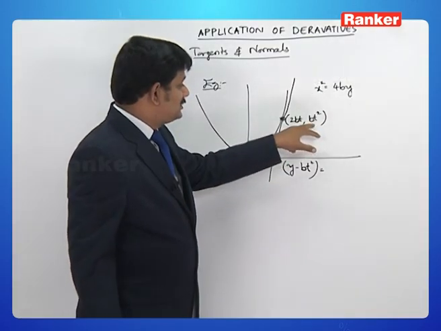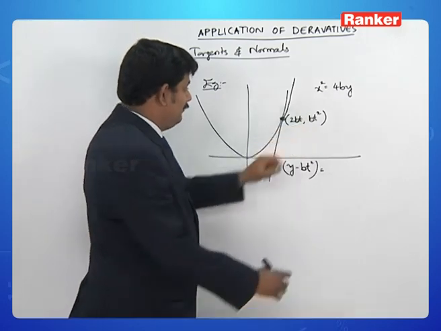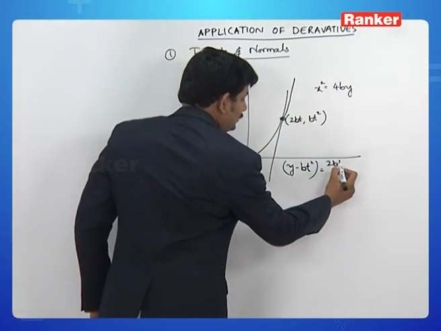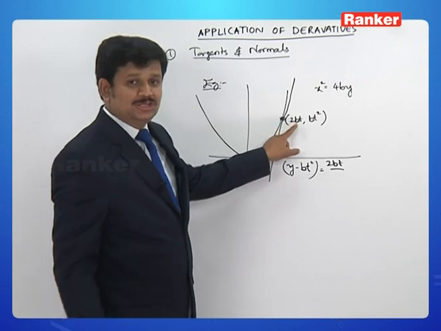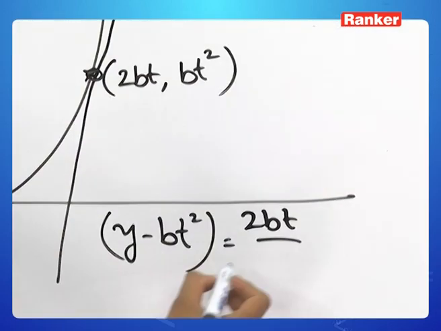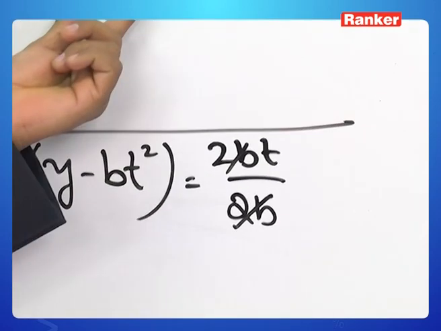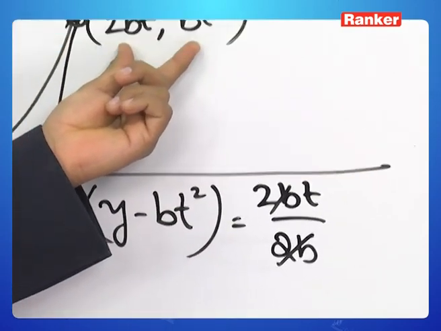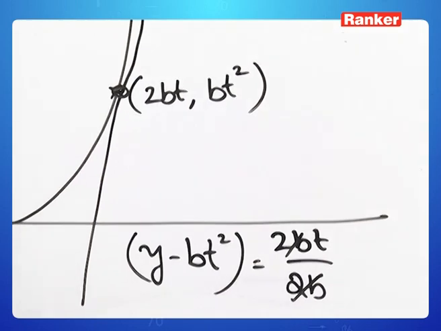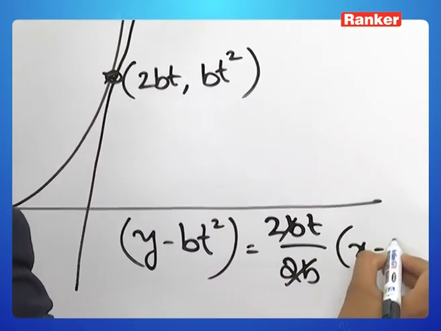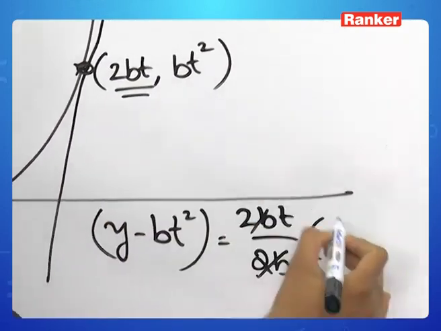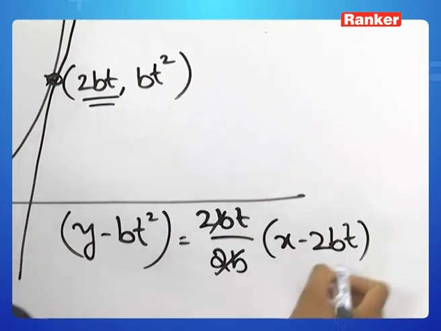So dy by dx is dy by dt, which is 2bt divided by dx by dt, which is 2b, gets cancelled, dy by dx at any point on this curve is nothing but t, into x minus x1, x coordinate at this point, which is 2bt.